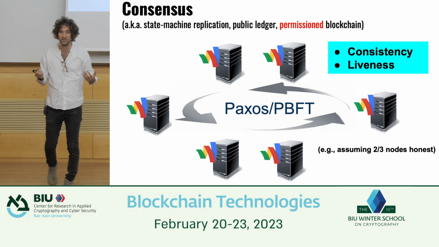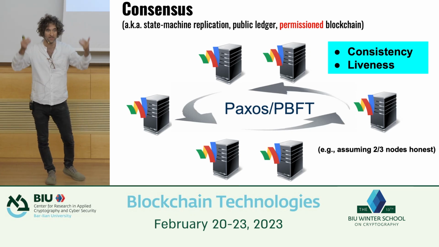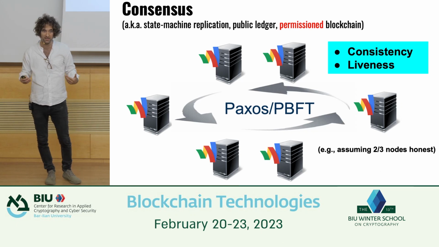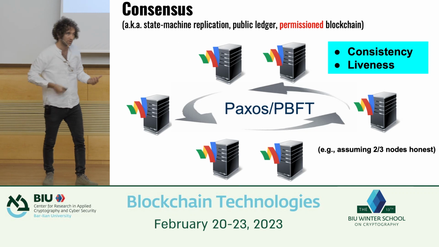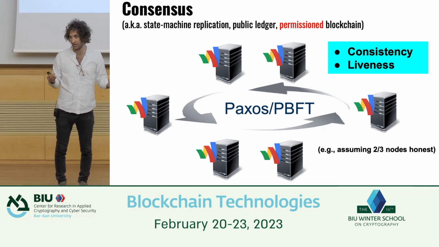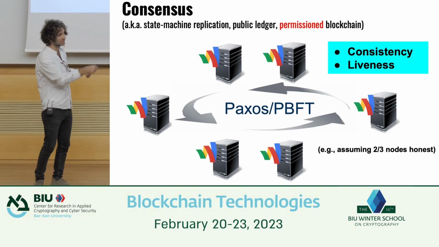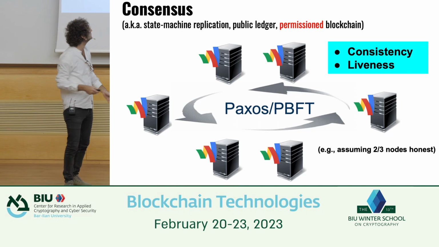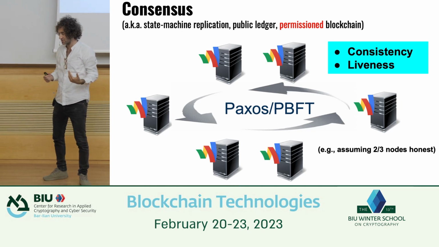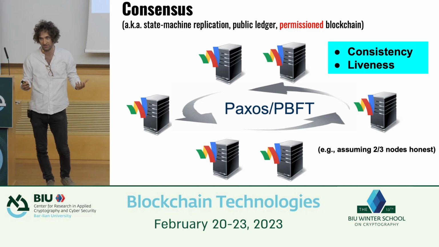Consistency roughly means that any two honest nodes will agree on the set of transactions. The second one is liveness, which means that if someone wants to add new transactions, eventually that will actually happen. Okay? I'm going to define these properties a little more carefully shortly. I just want to point out that there are lots of different names for this same task in the literature.